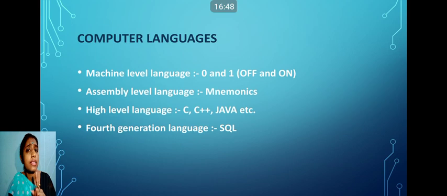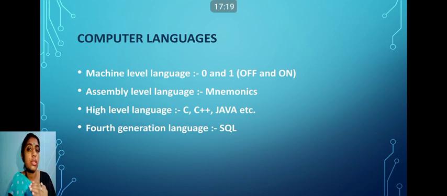Any instruction given in assembly level language, high level language or fourth generation language, the computer will not understand, so it will not work, because the computer cannot work on its own. Whatever instruction you give, according to that it will work. Yes. So what we have to do is, a compiler or say a translator is required.